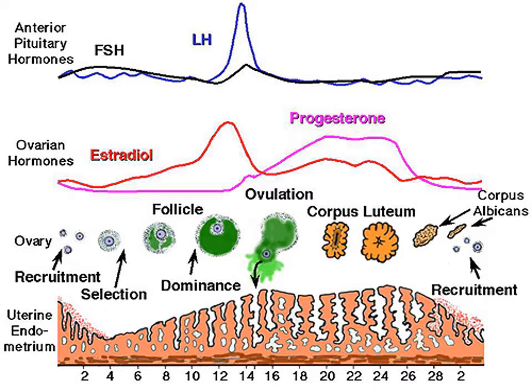Estradiol and inhibin B will lead to a negative feedback to suppress FSH. With the growing dominant follicle producing more and more estradiol, there will be an LH surge, positive feedback, and ovulation.